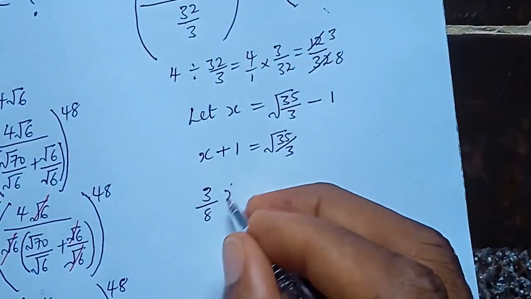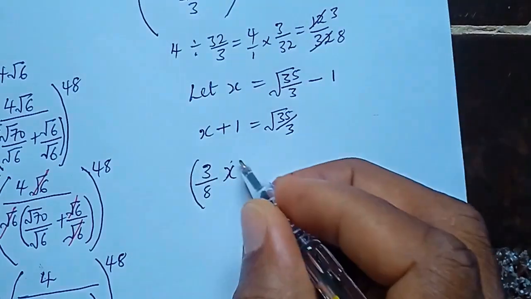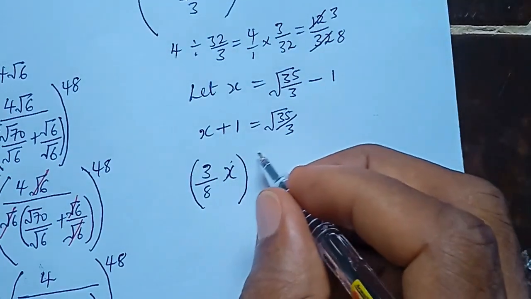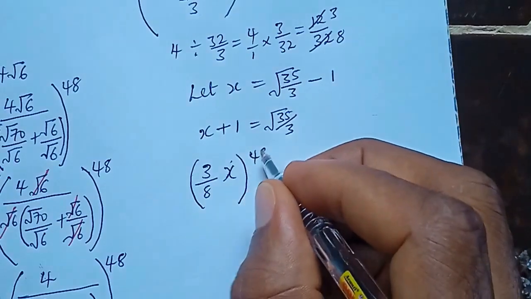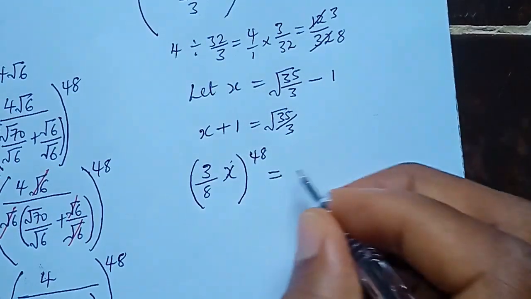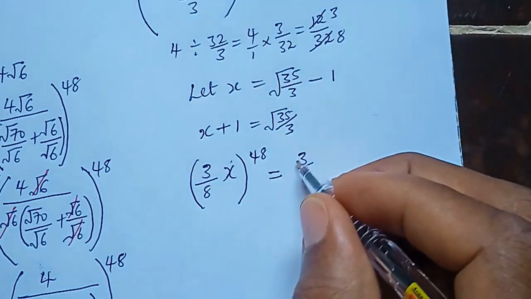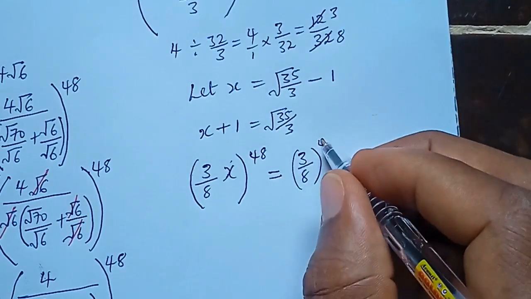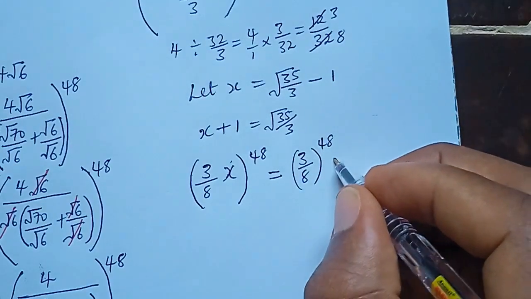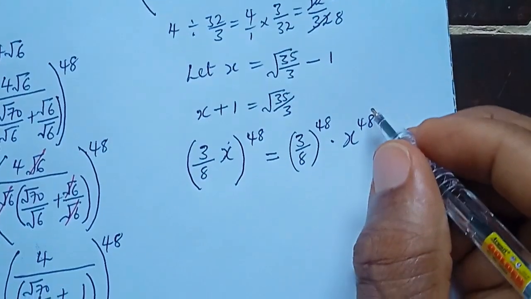So we now have 3/8 x into bracket raised to power 48, and this can be written as 3/8 into bracket raised to power 48 multiplied by x raised to power 48.